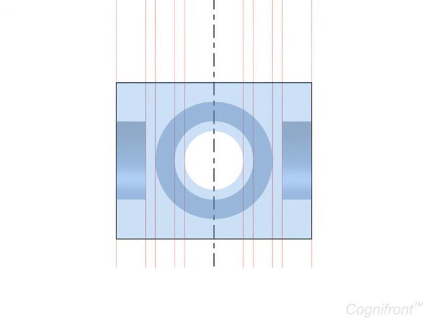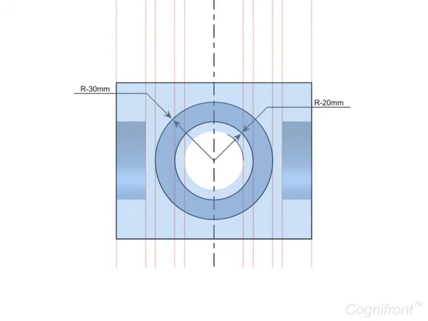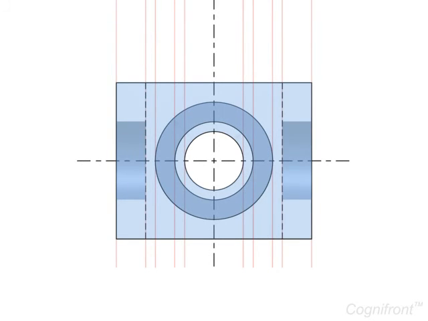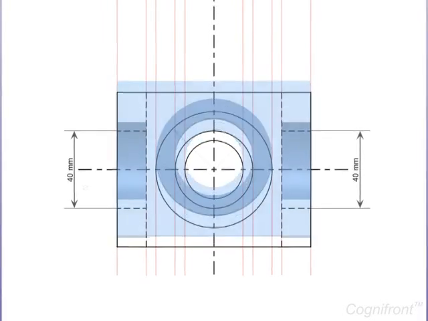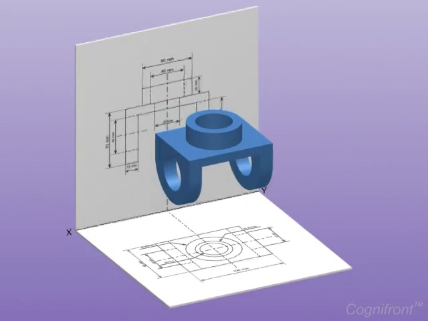Here we can clearly see the holes in the center of the rectangle. These holes are drawn taking the common center point on the vertical center line. The two holes on the fillets are not visible, so they are projected as dotted lines. This completes the top view of the bracket.